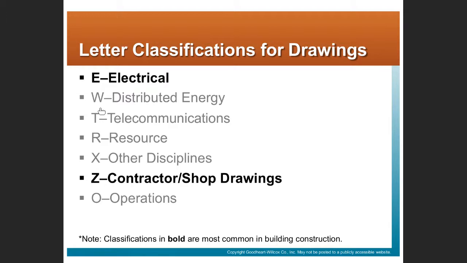Distributed energy, if there happens to be solar or some renewable energy system, that might be on the W drawings. T for telecommunication, right? If we have Ethernet in the building or a telephone system, probably nowadays it's going to be Ethernet. It's going to show where all those Ethernet drops are.